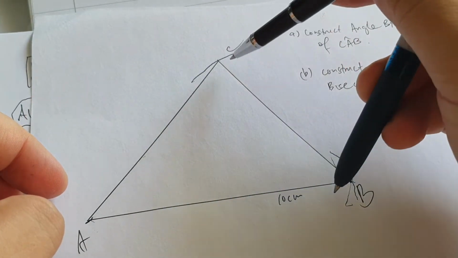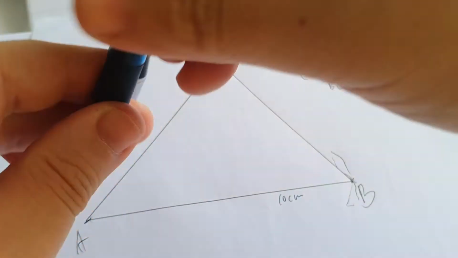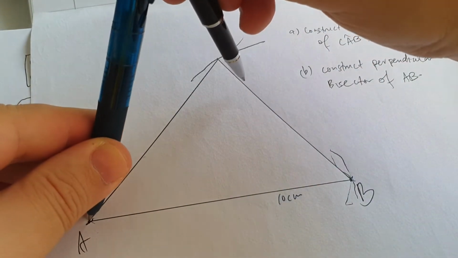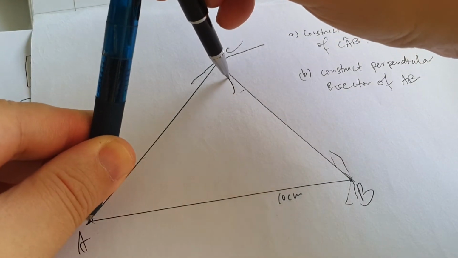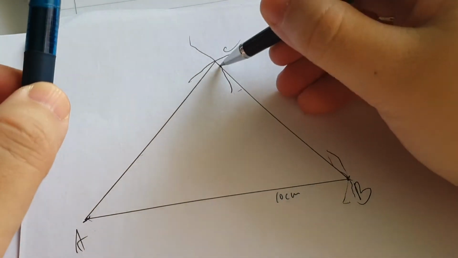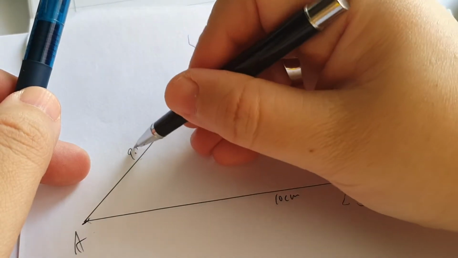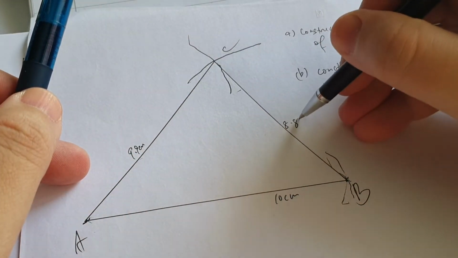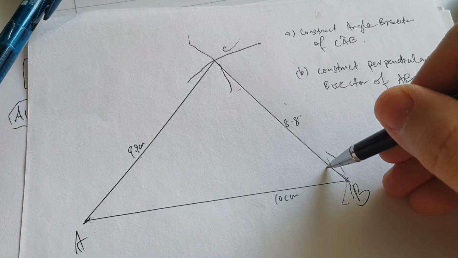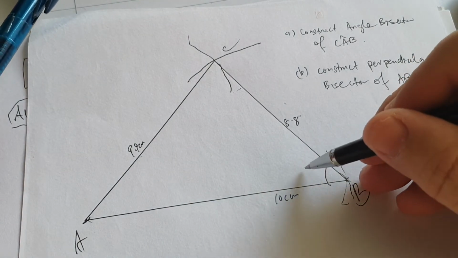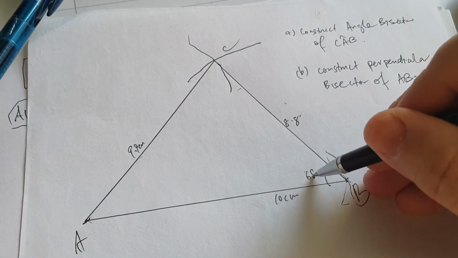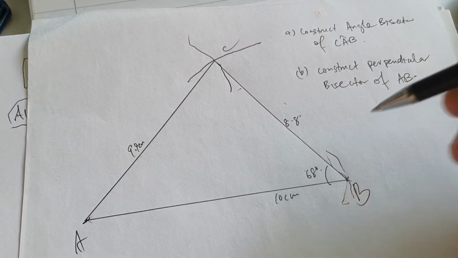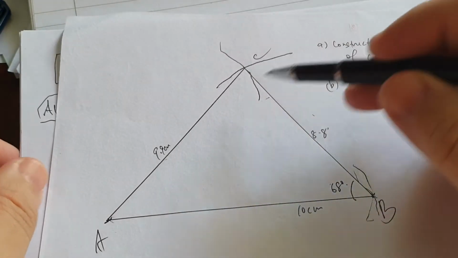Okay, 8.8, then later the other side, 9.9. Then you draw where they cut, then you join. This is 9.9, this is 8.8. Then if they tell you this angle is whatever, you label it as, let's say, 68. Alright, now that's for construction.